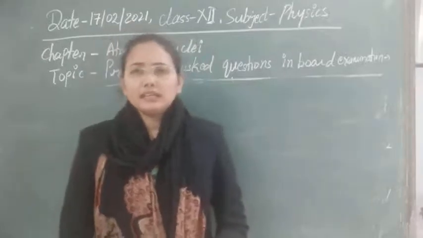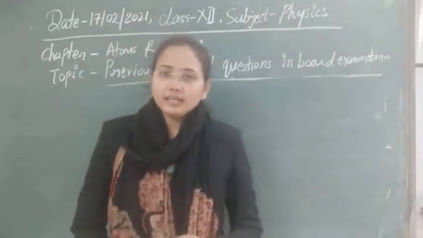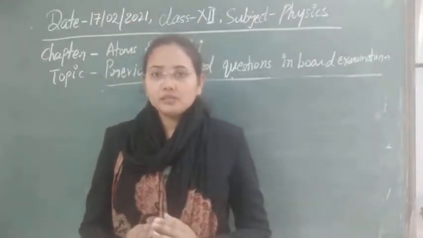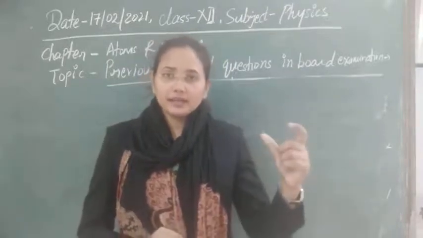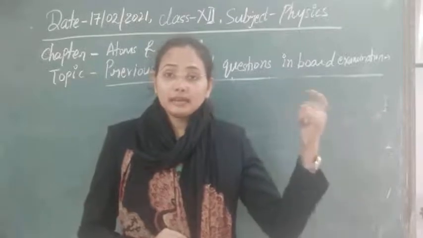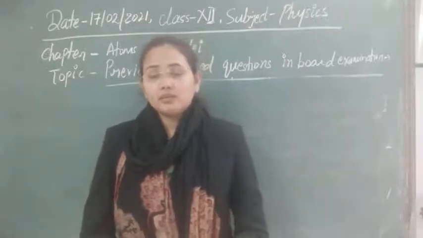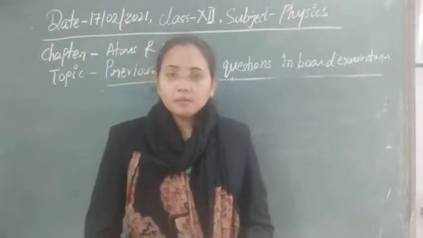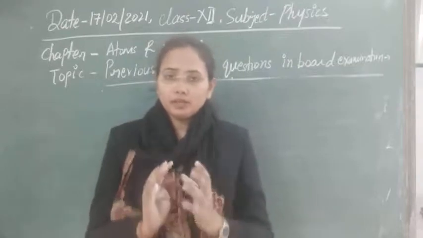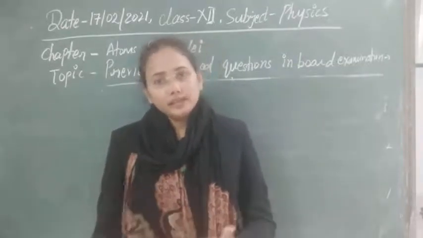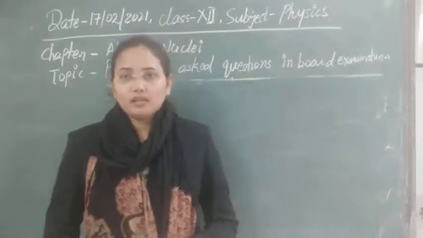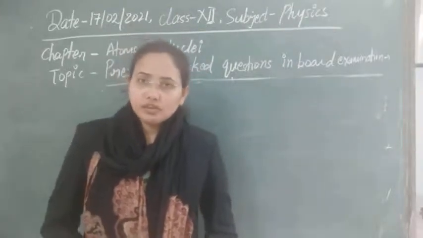First, in nuclear properties: like in the case of atoms, any circular orbit has radius, velocity and kinetic energy, which we calculated using the Bohr model. Here also for the nucleus it is assumed, and obviously it is given by the Rutherford model, that the nucleus is also spherical in shape.